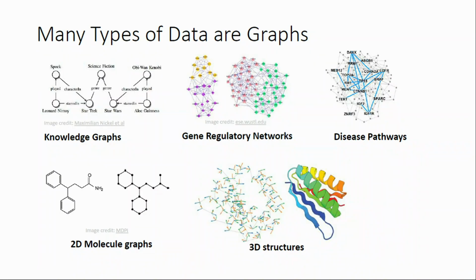And more relevant to our class are the 2D graphs, which we usually use to represent small molecules, where the existence of an edge stands for whether there is a chemical bond between the two atoms in the small molecule. This is slightly different from 3D structures, because in the 2D structure, each node resides in just a 2D space.